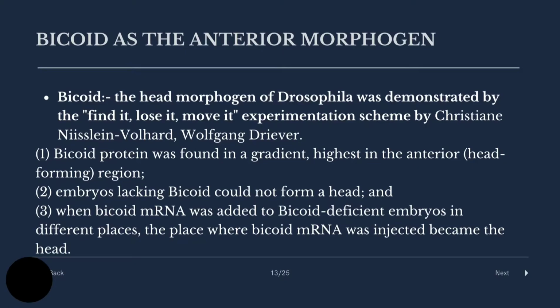The next is the lose it experiment, where embryos lacking bicoid mRNAs could not form a proper head region. And the next is the move it experiment, where bicoid mRNA was moved from a normal embryo to a bicoid deficient embryo. The place where the bicoid mRNA was injected became the head region.